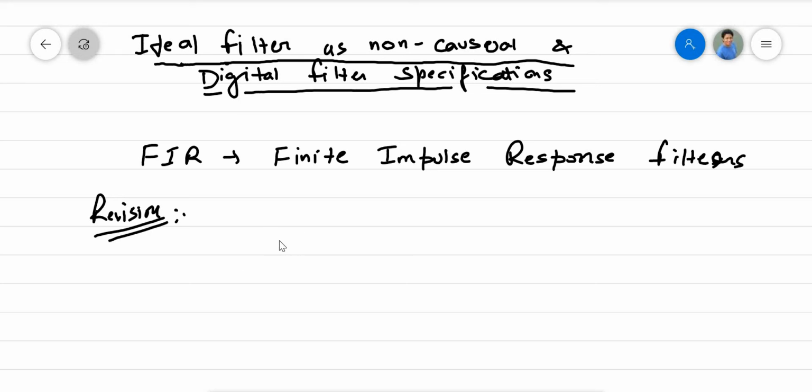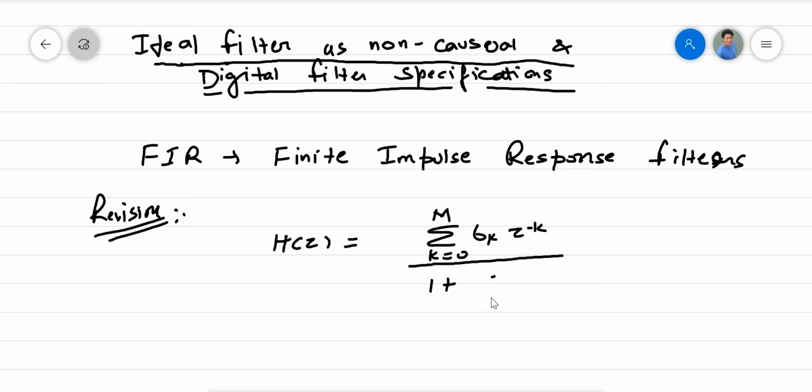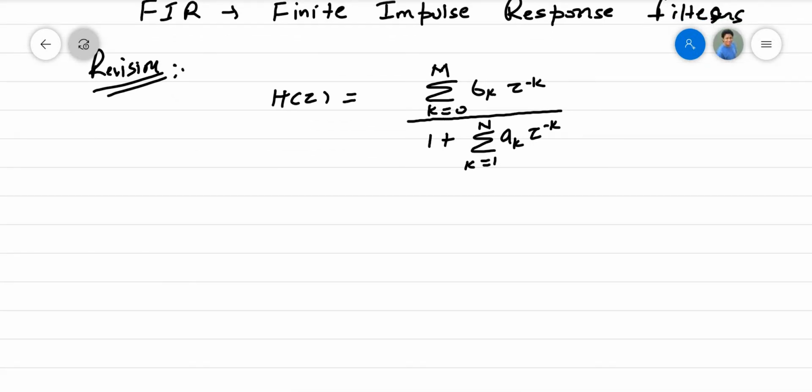First is, by general difference equation, transfer function H(z) is equal to summation of k equals 0 to M b_k z^-k over 1 plus summation k equals 1 to N a_k z^-k. Now, FIR filters are without feedback.